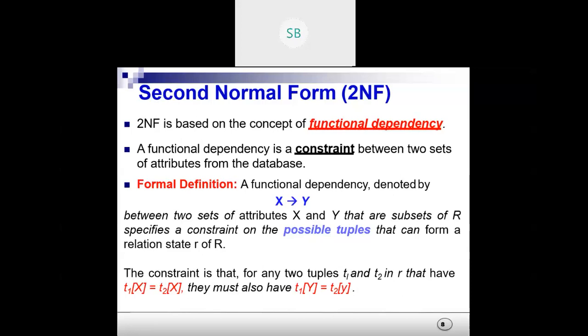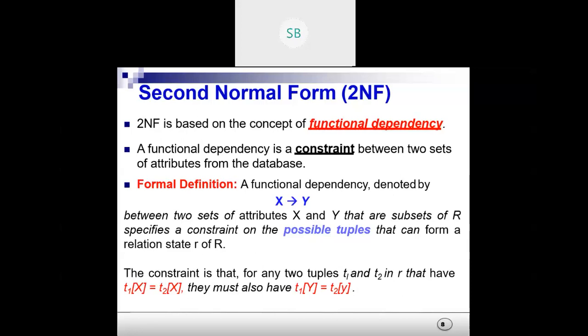The formal definition is that a functional dependency, denoted by X arrow Y, or X tends to Y, between two sets of attributes X and Y that are subsets of R, specifies a constraint on the possible tuples that can form a relation state r of R. That's a complicated definition.